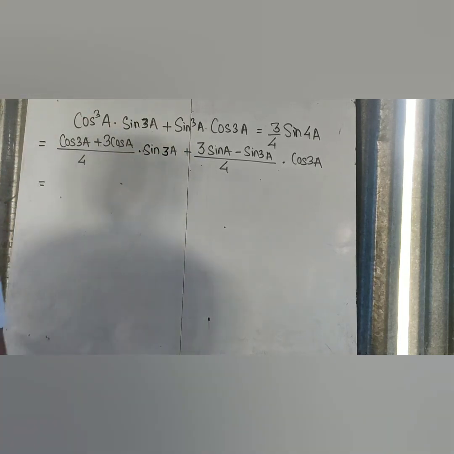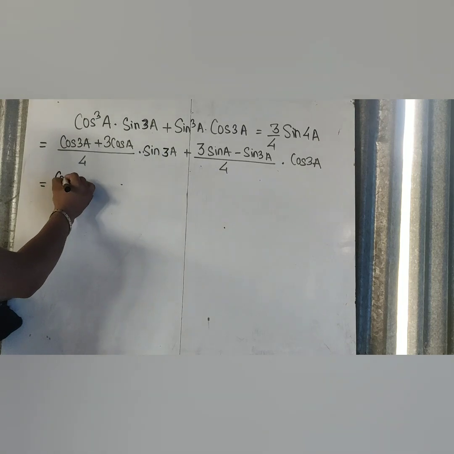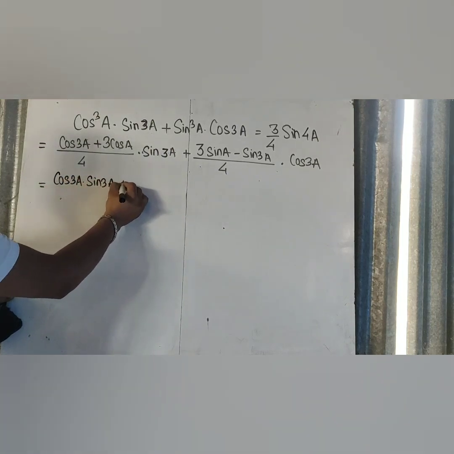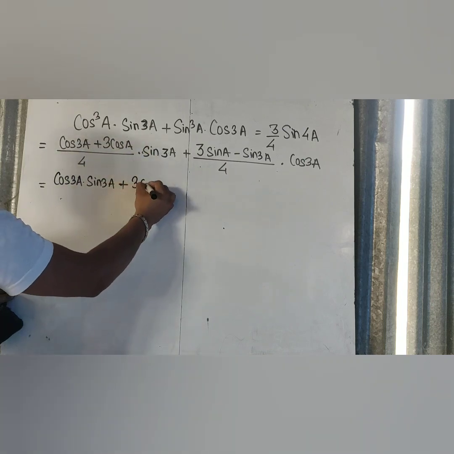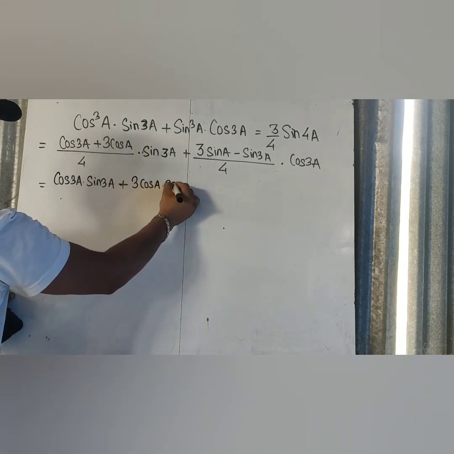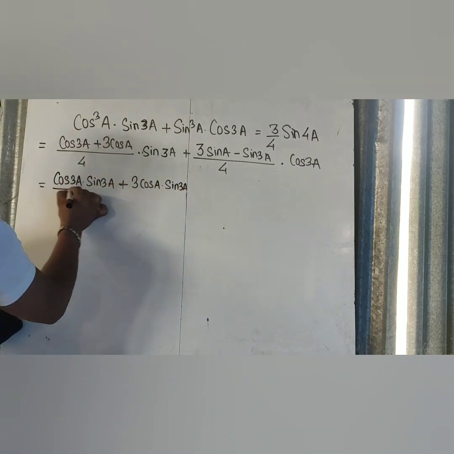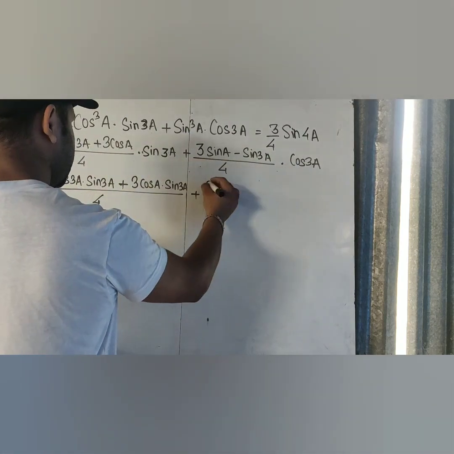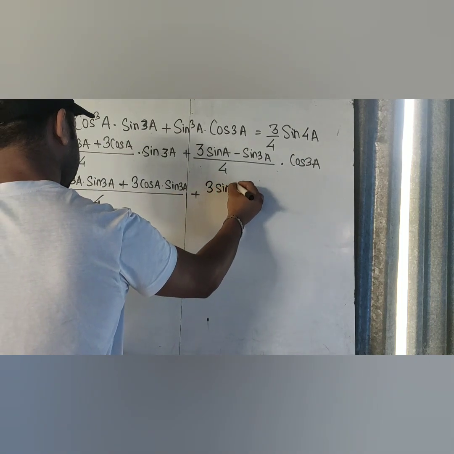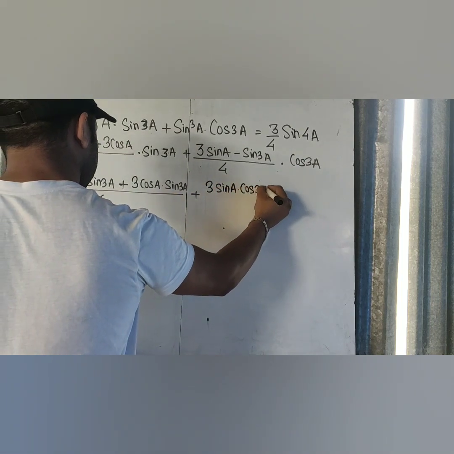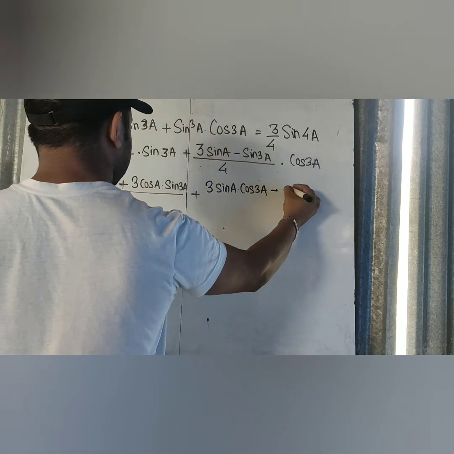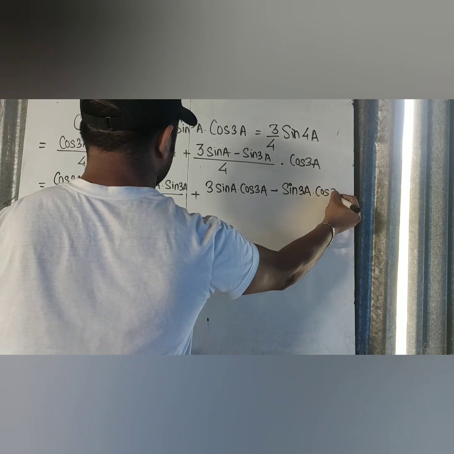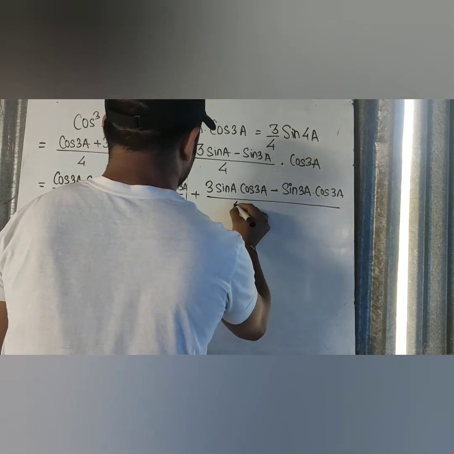Now cos 3a into sin 3a is cos 3a sin 3a. 3 cos a into sin 3a is 3 cos a sin 3a, and the denominator is 4. We do the same thing here. 3 sin a into cos 3a is 3 sin a cos 3a, minus sin 3a into cos 3a is sin 3a cos 3a, and the denominator is 4.